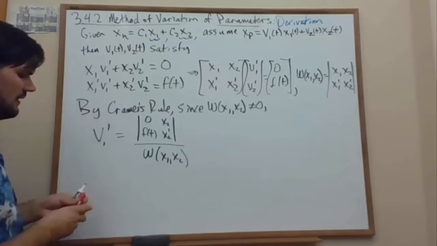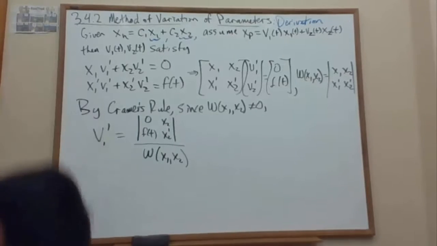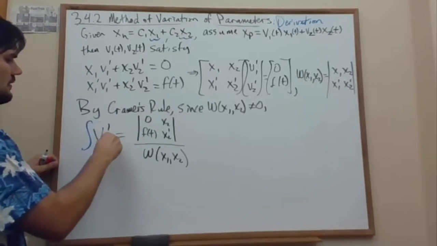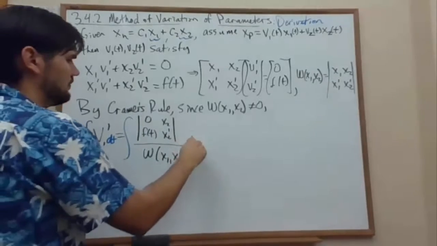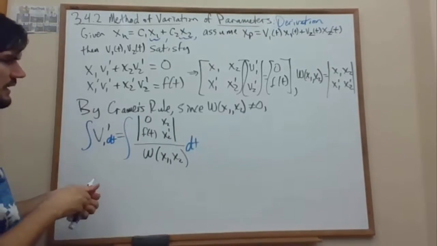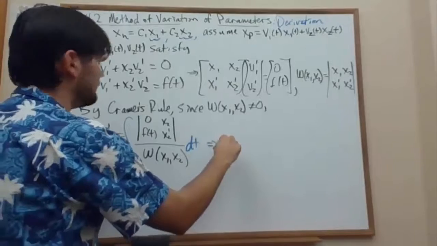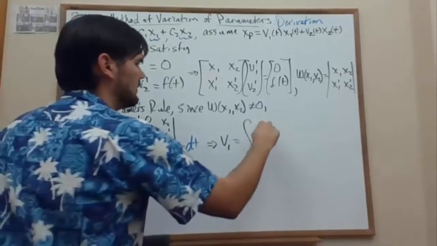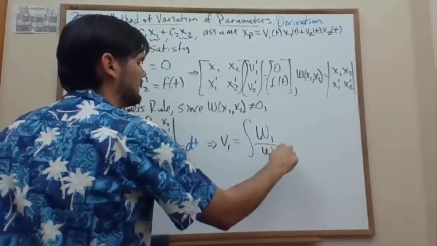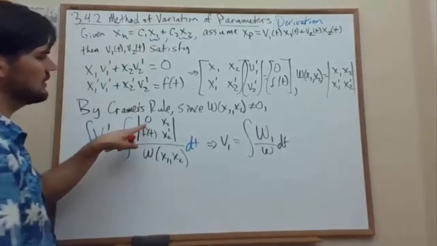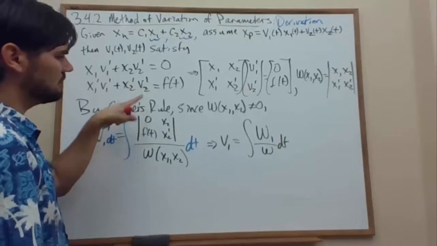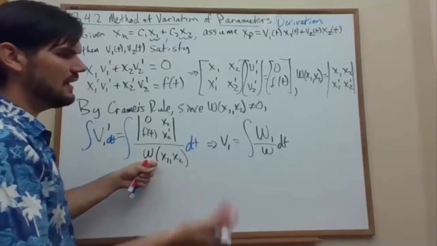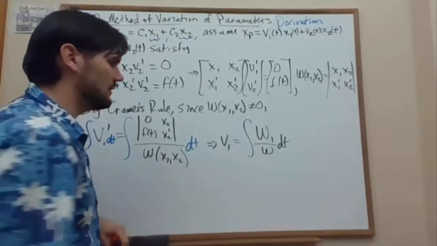Well, to get to the function, we simply integrate the derivative, and we get v1 is equal to the integral of w1 divided by w dt, where w1 is the modified Wronskian, placing the right-hand side over the first column, and the Wronskian of x1 and x2 is written in shorthand as just w.